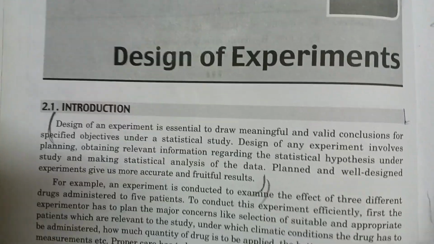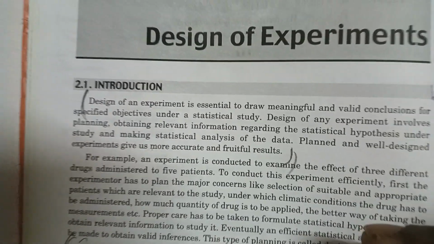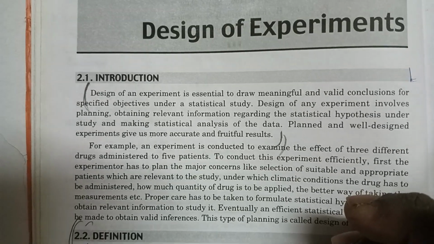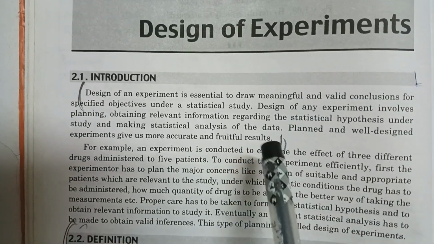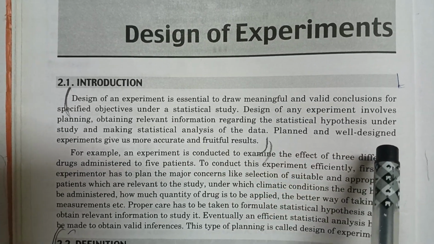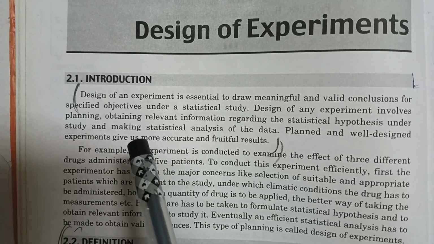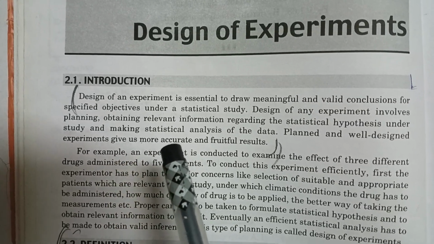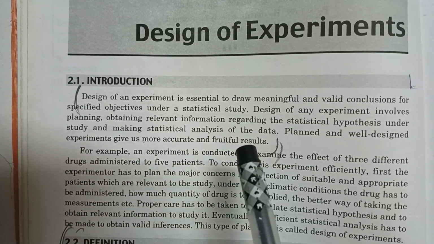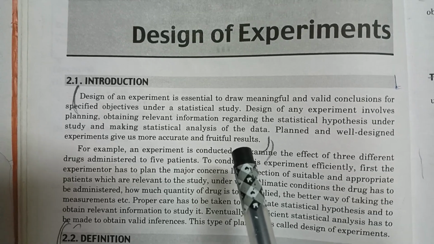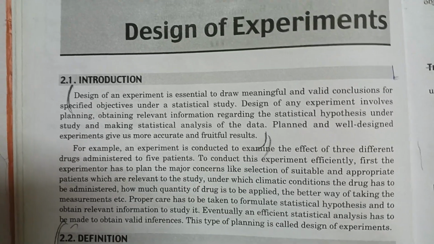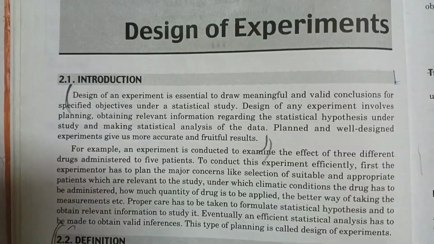So here in chapter 2 we are discussing the designs of experiments. What they are saying is that planned and well-designed experiments give us more accurate results. Okay, so this is very important.